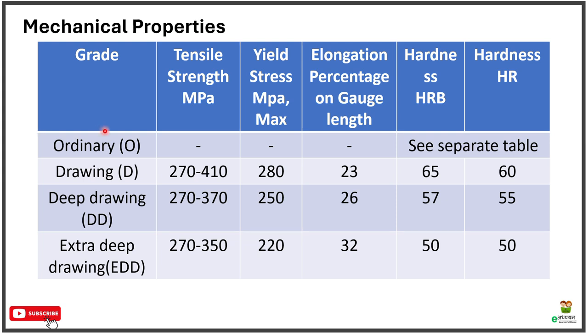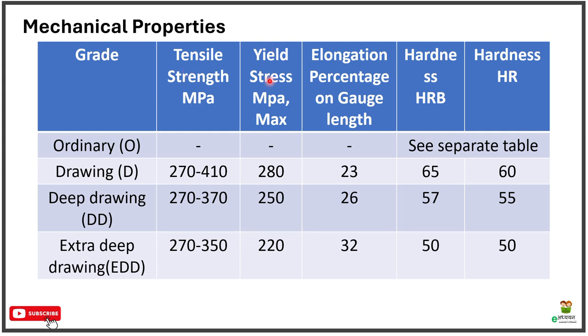Then for mechanical properties for ordinary grade, we have hardness HRB and HRB, which have a separate table. For drawing quality D, we have 270 to 410 tensile strength in MPa, megapascal.